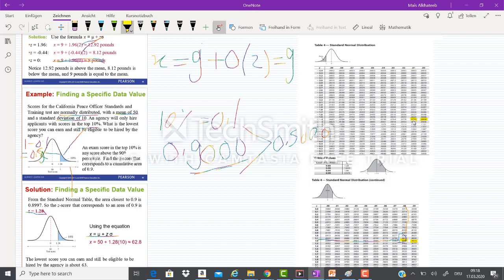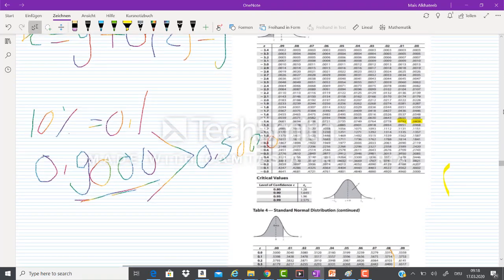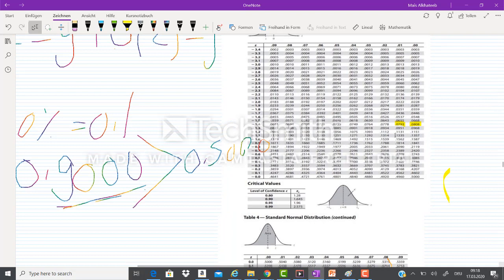This is the two values: one is 7 less and the other is 8 more. So I search for the corresponding Z.